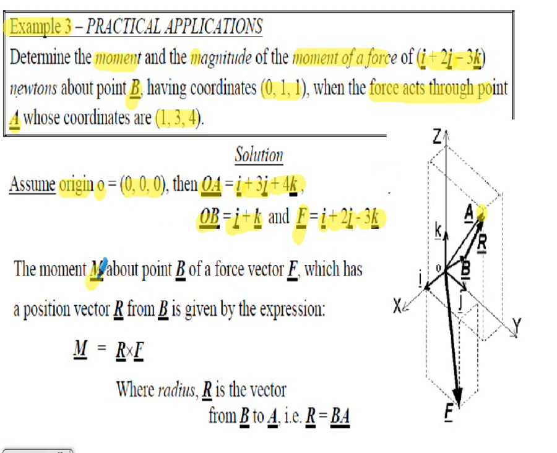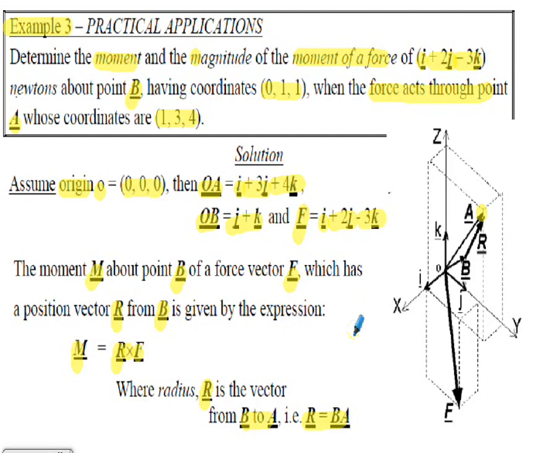Now the moment vector M about point B of the force F, which has a position vector we've termed R from B, is given by the expression M = R × F, R cross F. R is the vector from B to A, so R is BA.